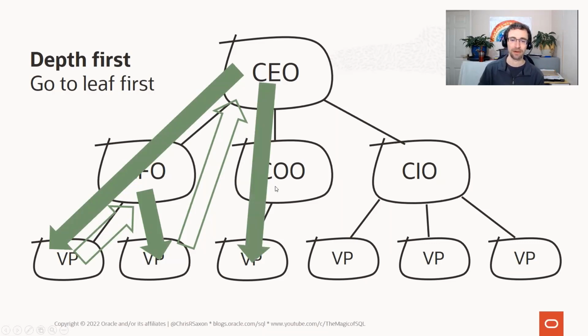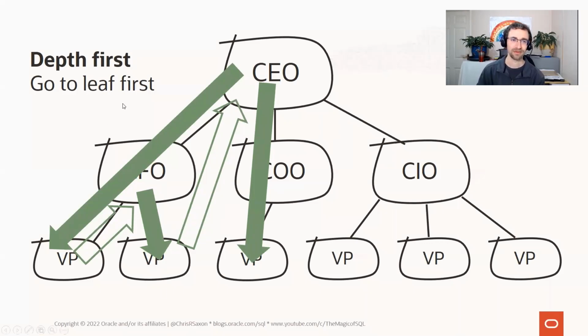So we'll go down to the CEO here, go down to the VP. So with breadth first, we're always going across. With depth first, we're always going down as far as we can and then back up and down as necessary. So that's breadth first and depth first. And we can sort the rows in either way with both of these. We'll talk about those in a second.